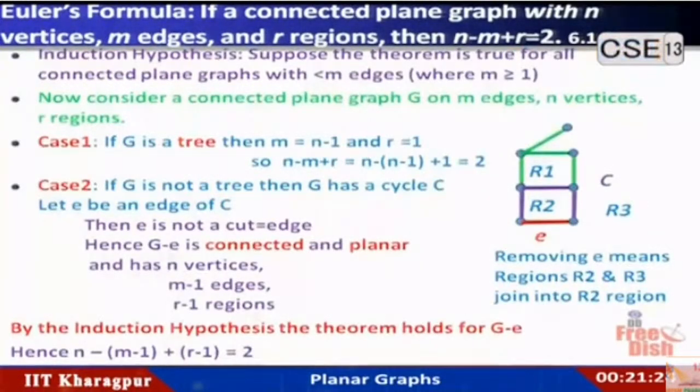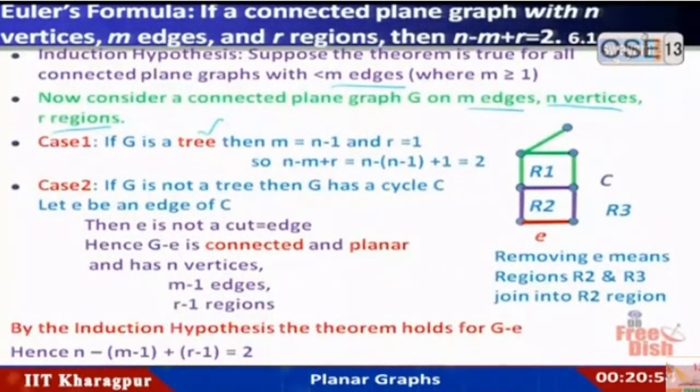Let us see the induction hypothesis. Suppose the theorem is true for all connected plane graphs with less than m edges, where m is greater than or equal to 1. Now we have to prove it for the general case. Consider a connected plane graph G on m edges, n vertices and r regions. There are 2 cases. Case 1: G is a tree.